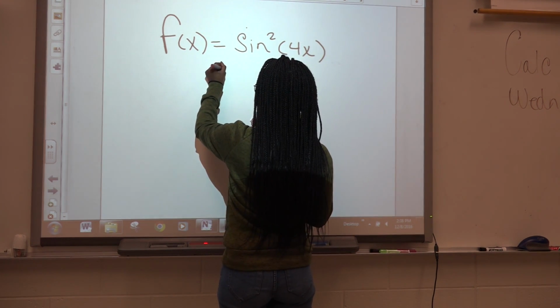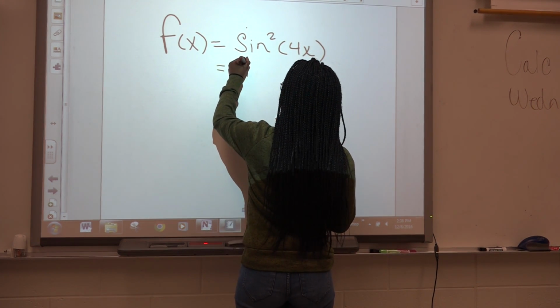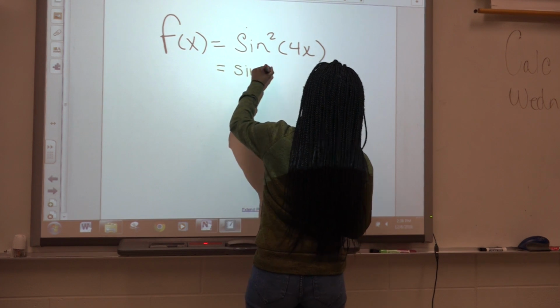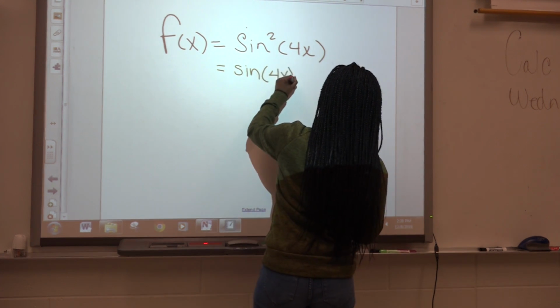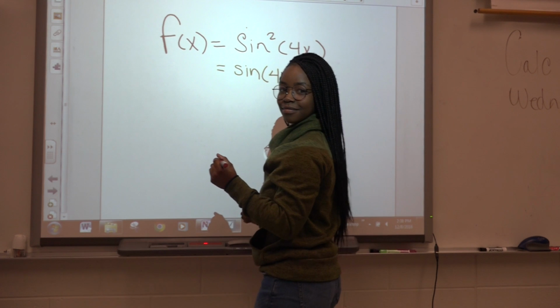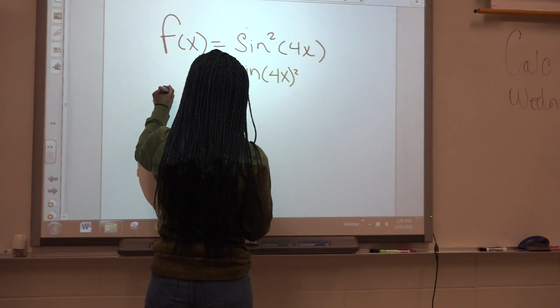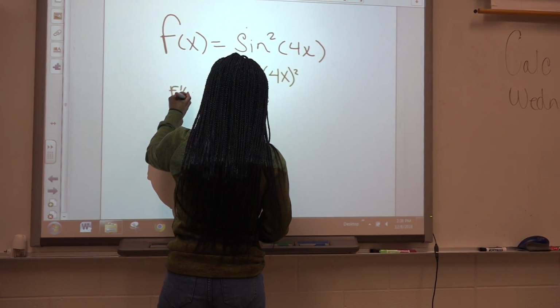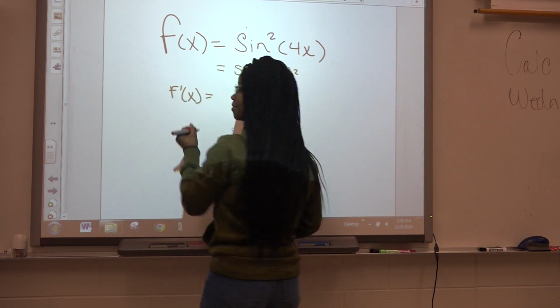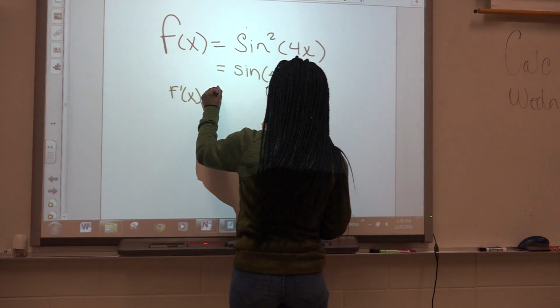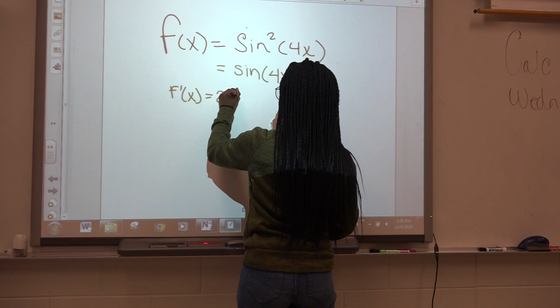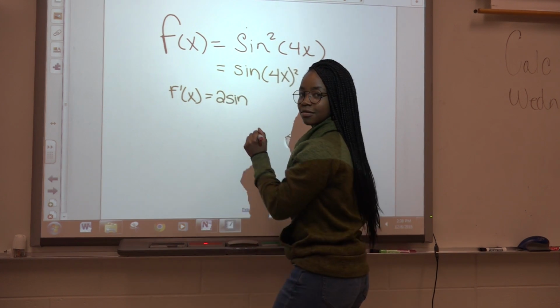So our problem is sine squared of 4x. First, you would start off by moving the exponent to the end of the function to make it easier to solve. Then you would write f prime of x equals, which simply means derivative of, and you would find the derivative of the first part, which is 2 sine 4x.